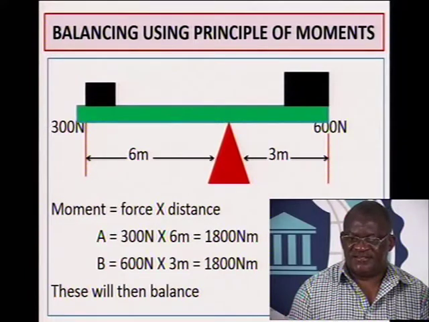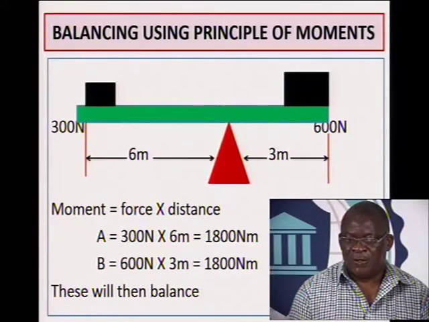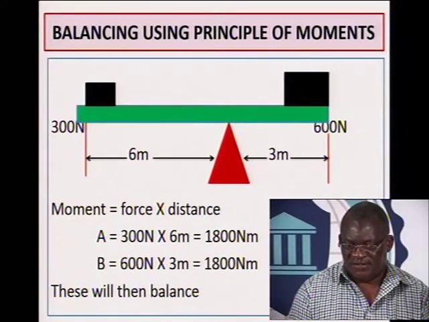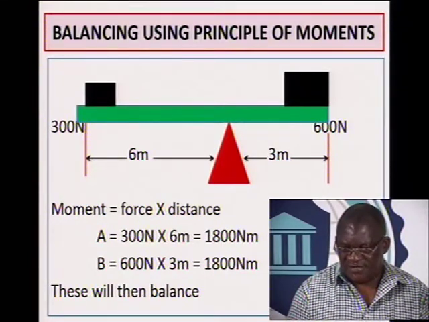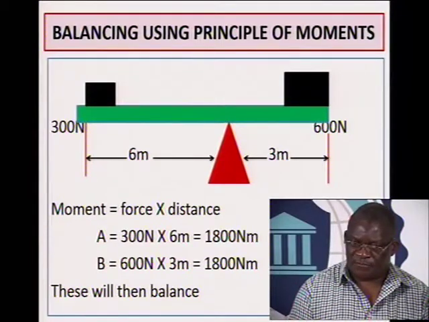If you look at the illustration there, you can see that we have got two objects on the ends of the seesaw. One has got 300 newtons, the other one 600. Then the distances from the pivot, we have got 6 meters and 3 meters.